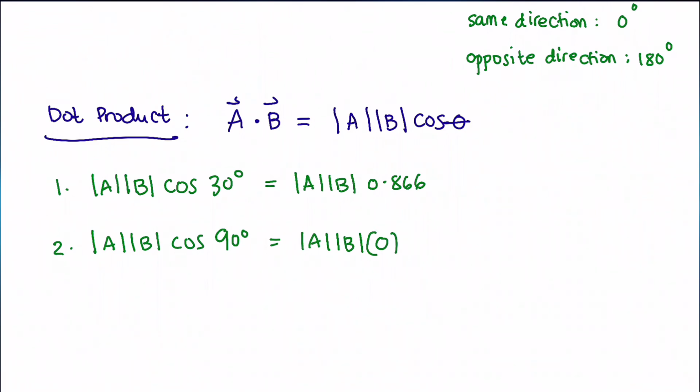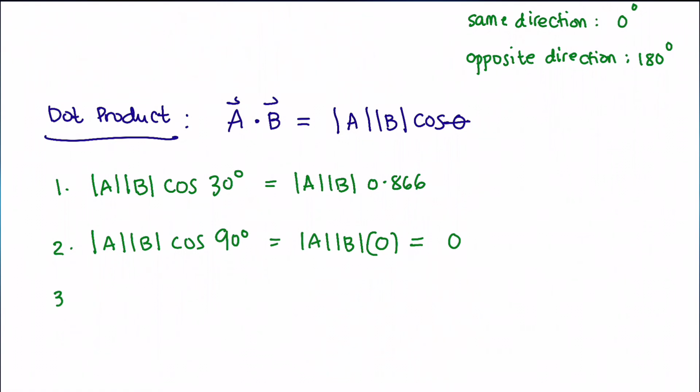As a matter of fact, case 2 will have a magnitude of 0 because whatever a and b is, if it's being multiplied by 0, the answer is still going to be 0. So again, for case number 2, the magnitude of the dot product is 0.